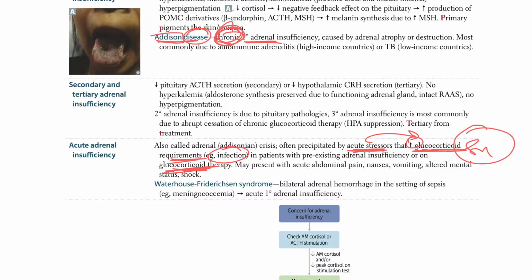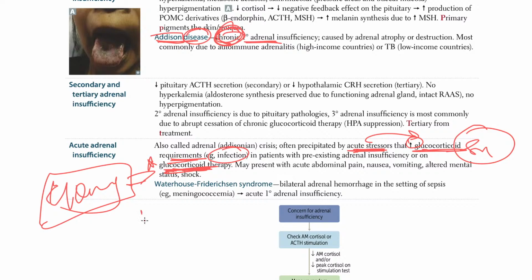But if you're giving a patient glucocorticoid therapy, let's say 40 milligrams from outside, continuous therapy, and the patient is going through infection, surgery, trauma, anything, and you do not increase the dosage, they are going to go into adrenal crisis because they require more cortisol than what you are giving them.